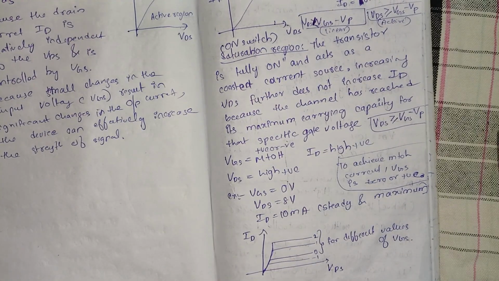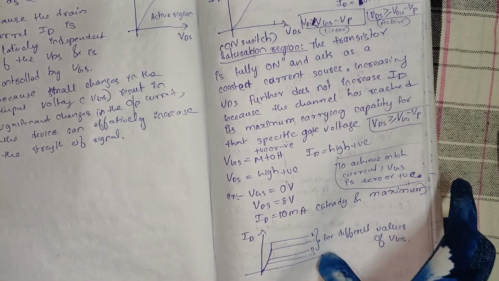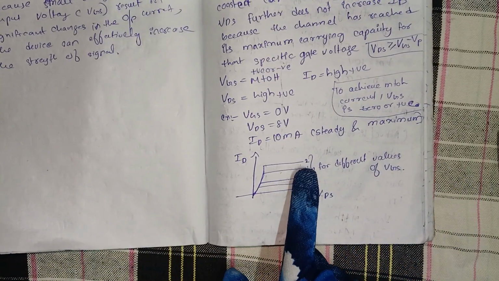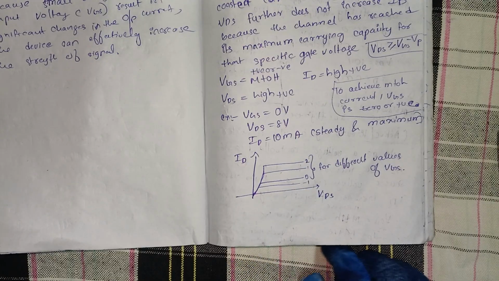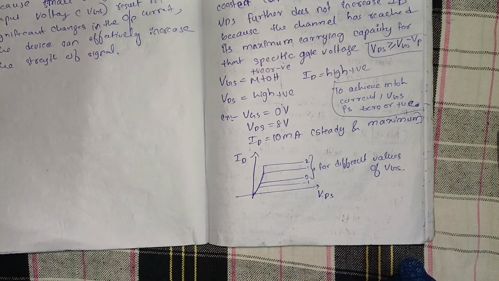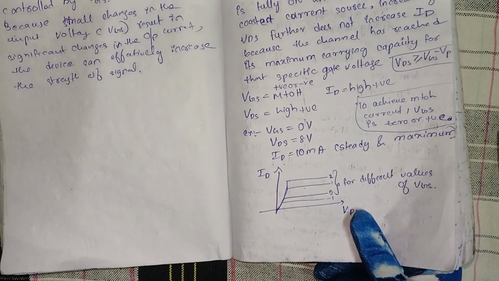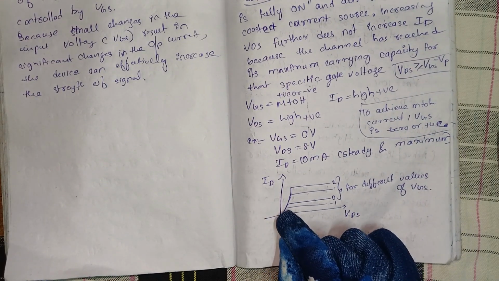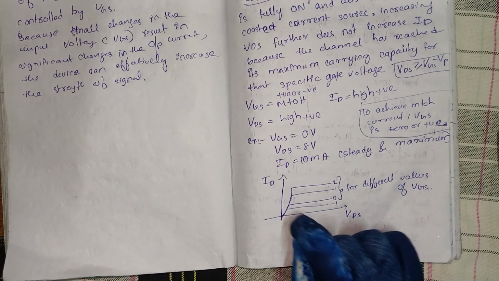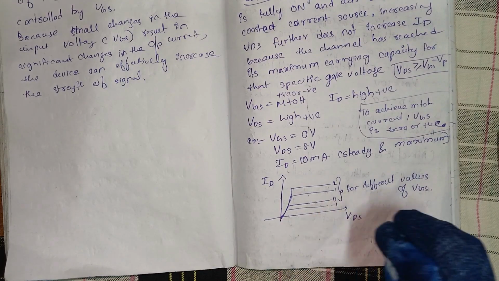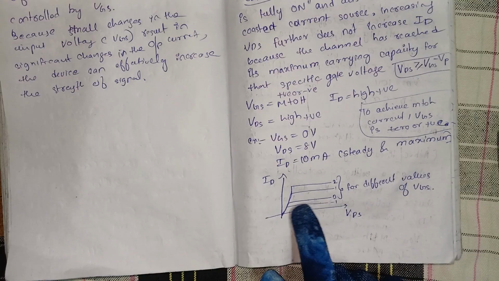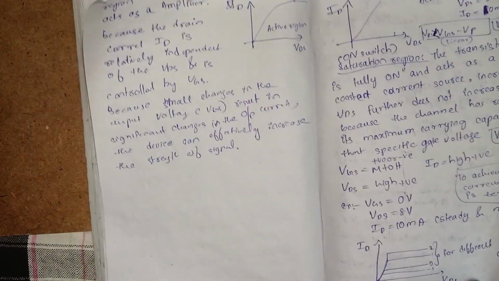Okay, then this is the graph for different values of VGS: minus 1, 0, 1, 2. It indicates that ID is increasing up to a certain point, then further increase in VDS does not change the ID current. It becomes constant.